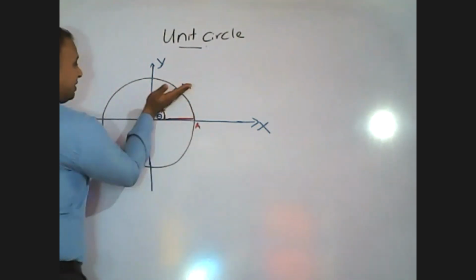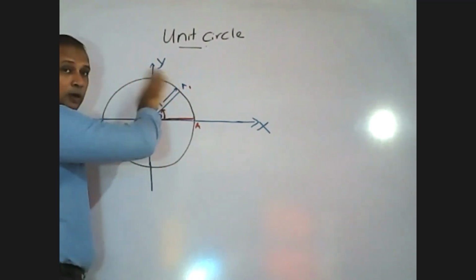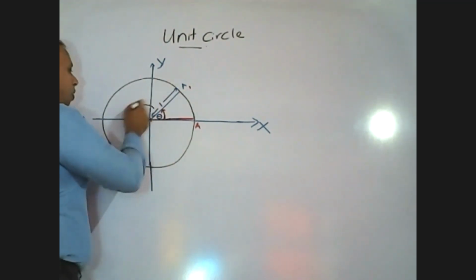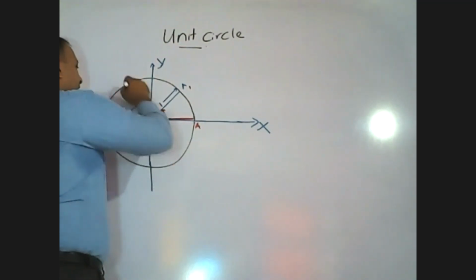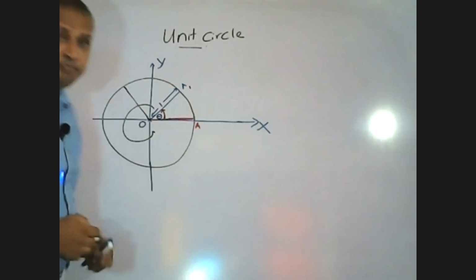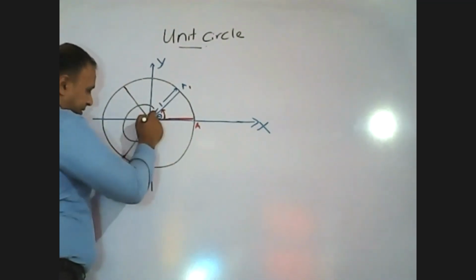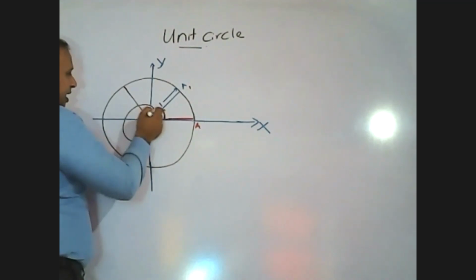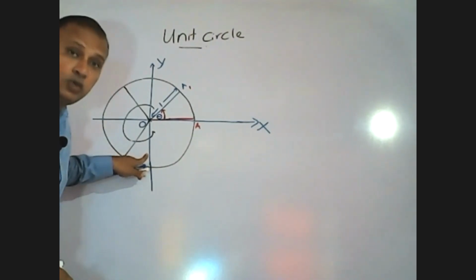So if I rotate this OA line segment around O, I can create any angle. If I stop here, there will be an angle up to this angle. If I stop the line segment here, I will have an angle more than 180 but lesser than 270.